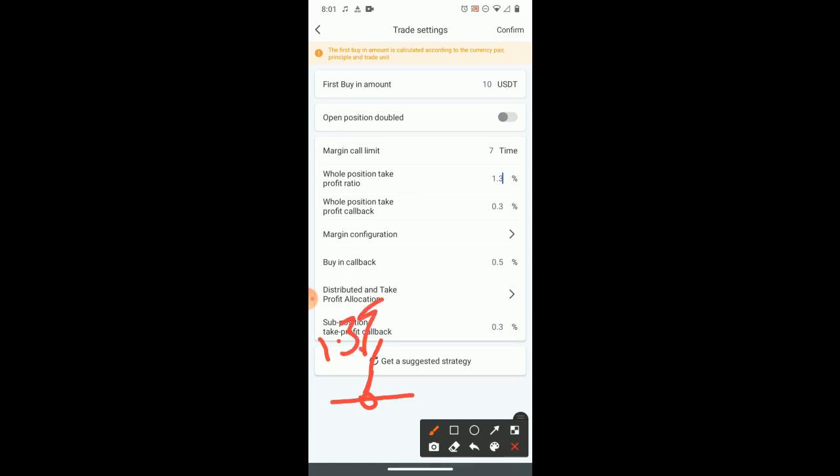It doesn't mean the trade will close. No. If you are in a very bullish market, the trade will keep going up. Maybe it has gone up to like 5%, okay? It will still be in your favor. Then this market now retraces back by 0.3%. The trade will be executed. It will close immediately. So you will be in profit of 4.7%. Do you now see it? So that is what happens there.